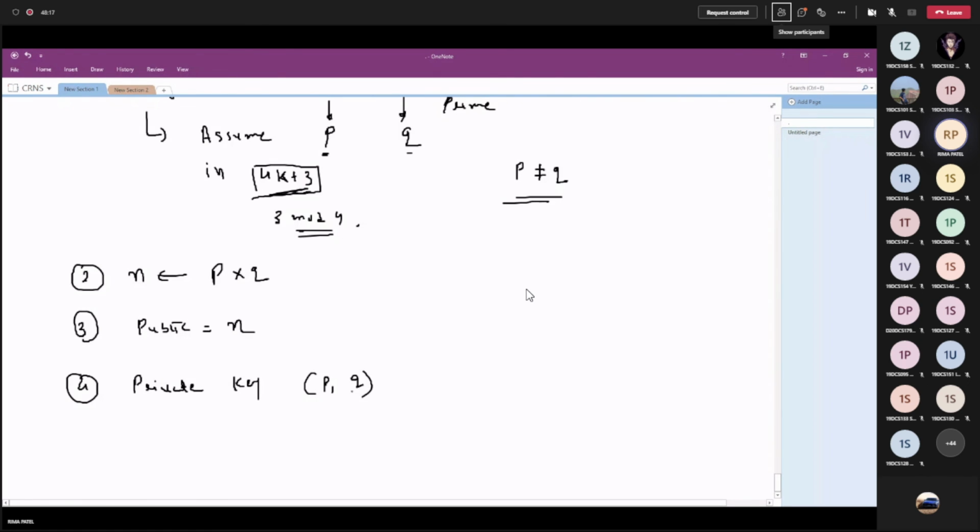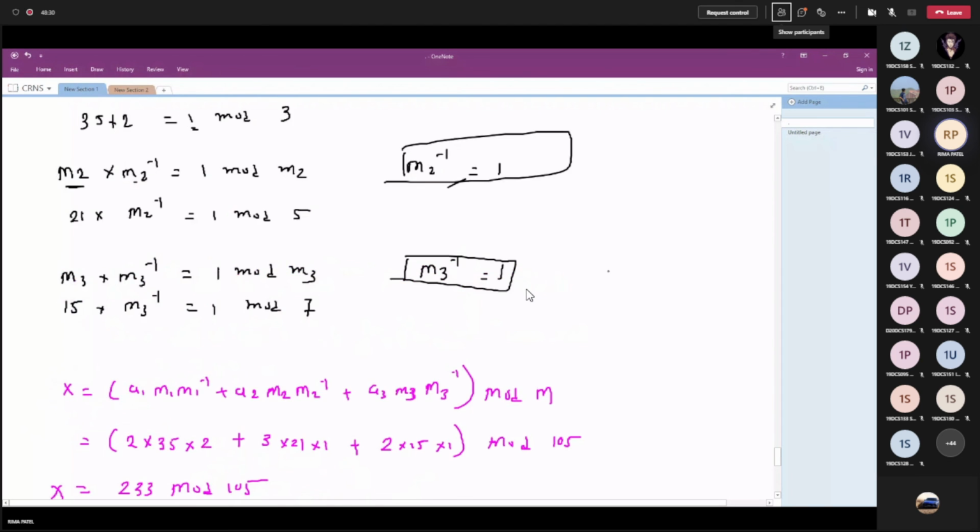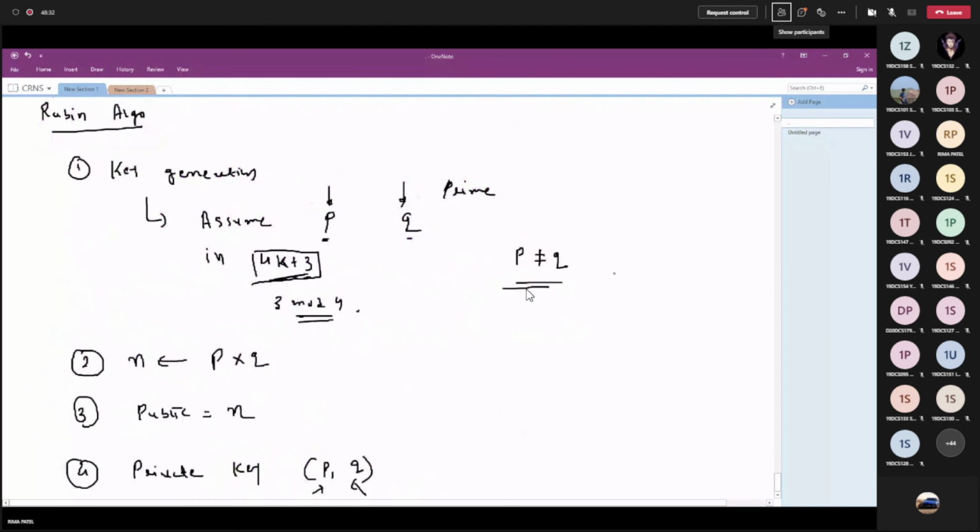So now you can see that we have the two keys, and if I have the equation plain text P equal to root C mod n, that was the equation, right? Whenever I calculate this, I will have 4 different solutions.